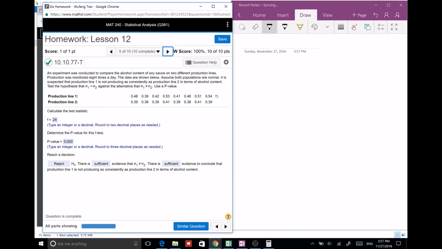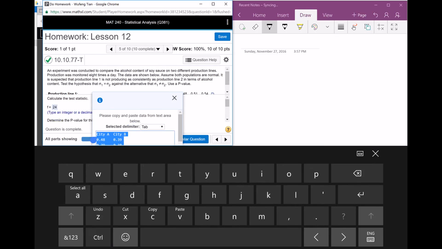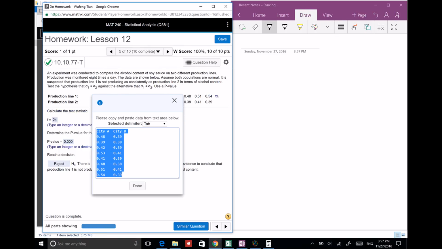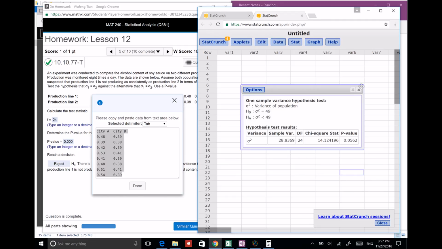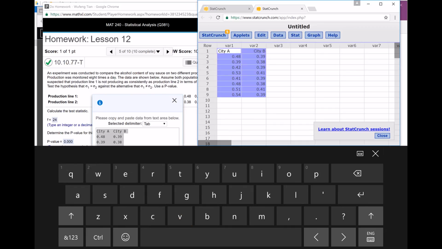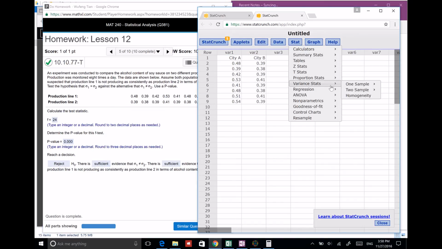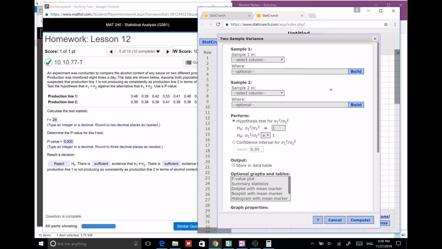Number 5, this one you can copy it with Control C. Copy that into the statistics and paste it, Control V. Okay. So what we need to do, we can use the stat, proportion variance stat, two sample data, and we choose the first one, choose the second one, equals 1.